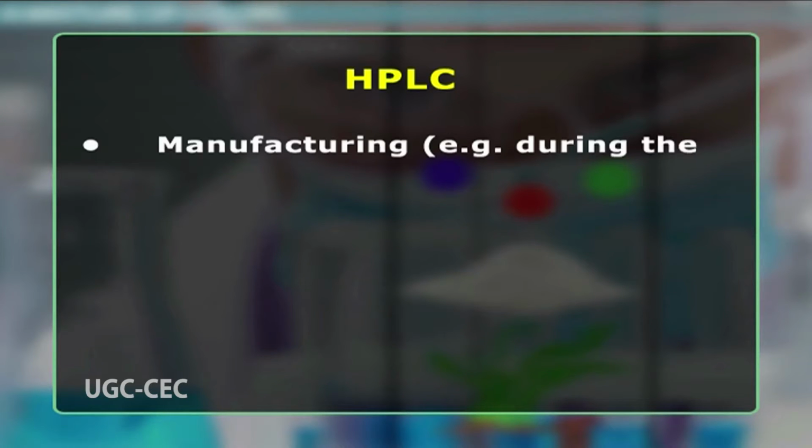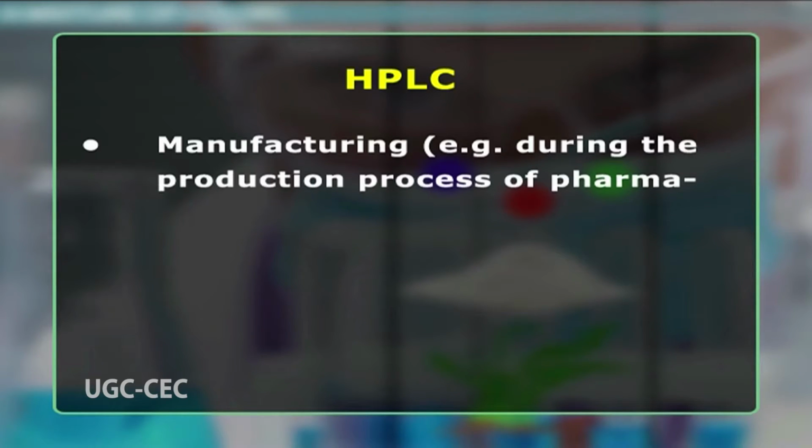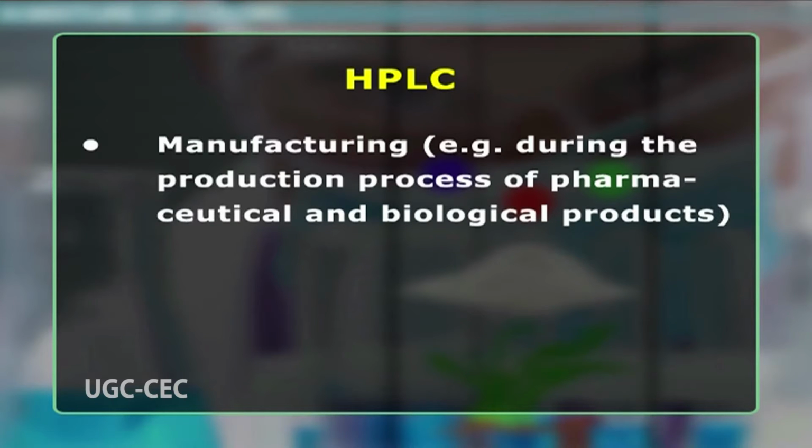Each component in the sample interacts slightly differently with the absorbent material, causing different flow rates for the different components and leading to the separation of the components as they flow out of the column. HPLC has been used for manufacturing, for example, during the production process of pharmaceutical and biological products.